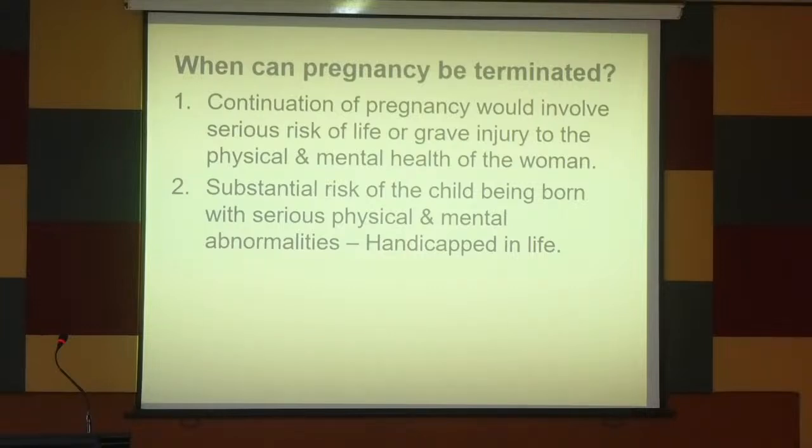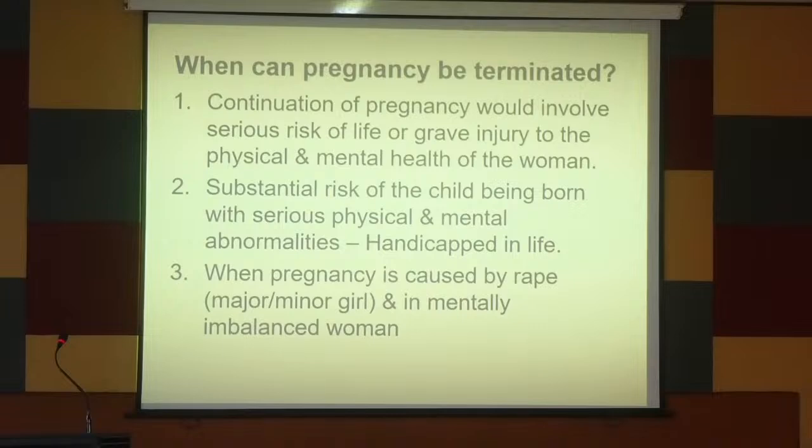Another is substantial risk of the child being born with serious physical or mental abnormality. The baby born also will be mentally depressed, and you cannot have a mentally depressed baby, because it will cause a serious problem to society. Okay. So you have to be very careful.